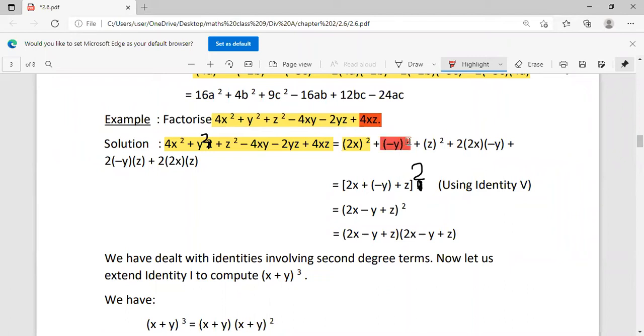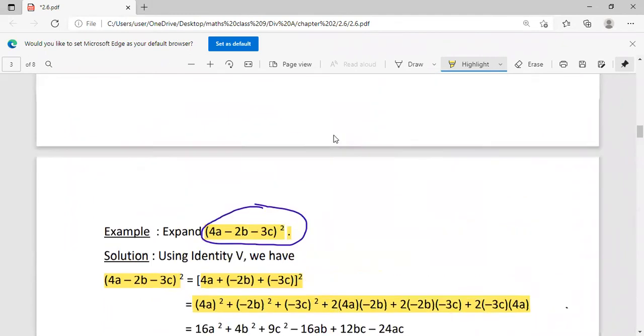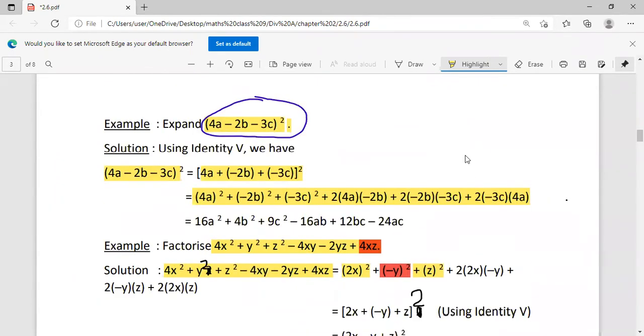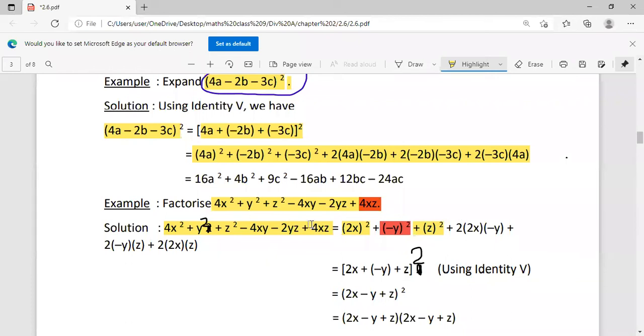So we can write minus y whole square, and z squared again. Now we are splitting it as 2 into 2x and minus y. You know, in this formula we have 2. So we have to bring 2 in this equation. So in order to convert minus 4xy in terms of 2, first of all we have to write it as plus 2.